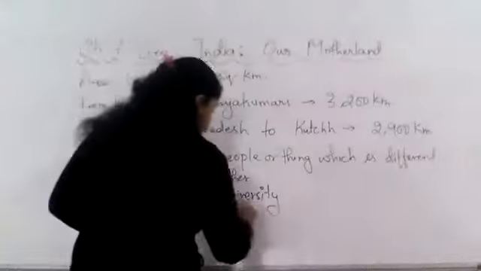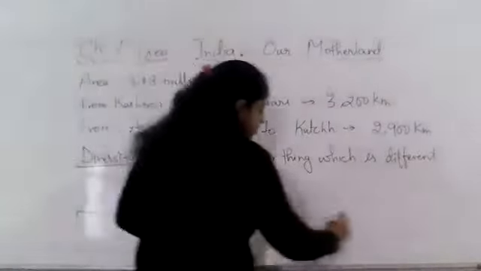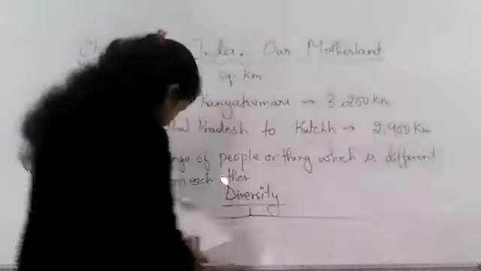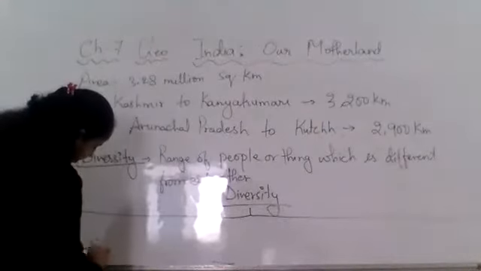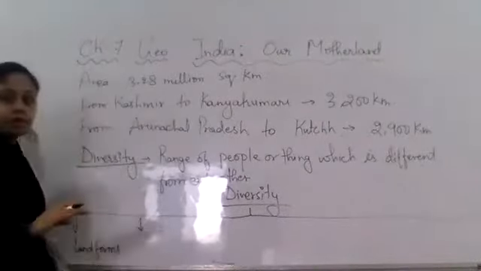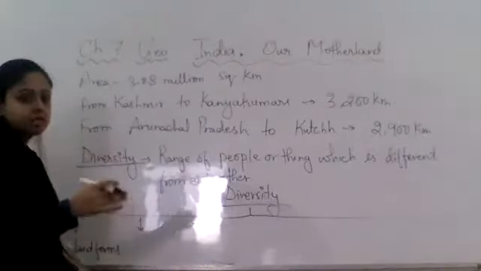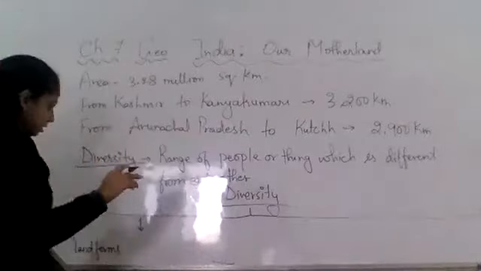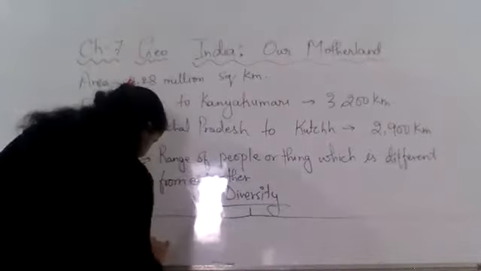We see it on many different factors, like landforms, which we have already read. We have different types of landforms: mountains, plains, plateaus, rivers, valleys, right? Then we have climate.